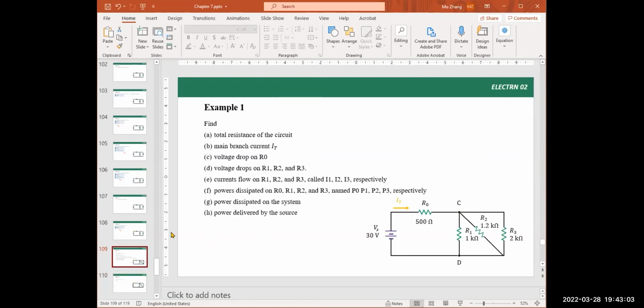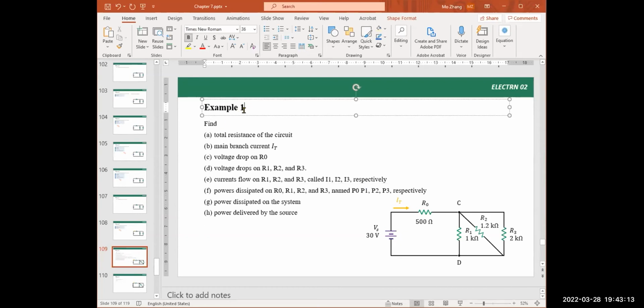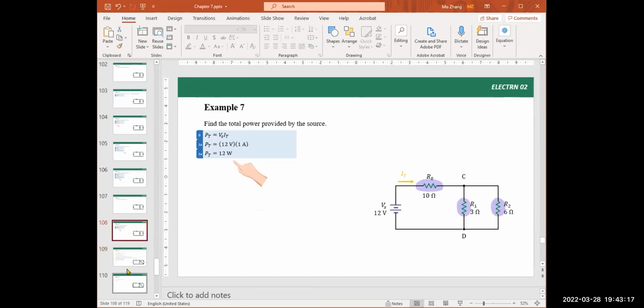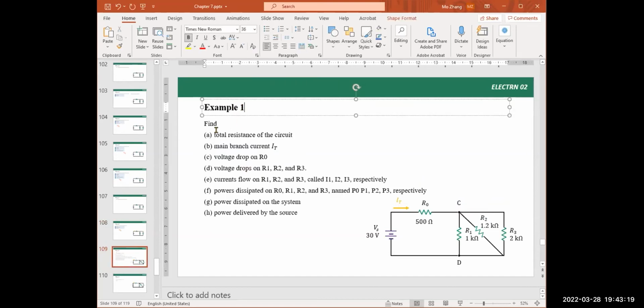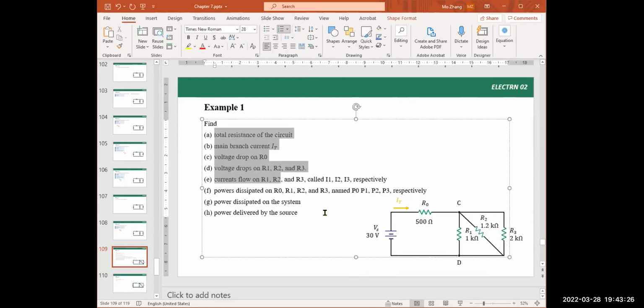Let's spend some time to work on this. For the remaining time for today's class, we just work on one more example. I forgot the number, 9 or 8, but let's call this example 1. This example has the following circuit with these questions.